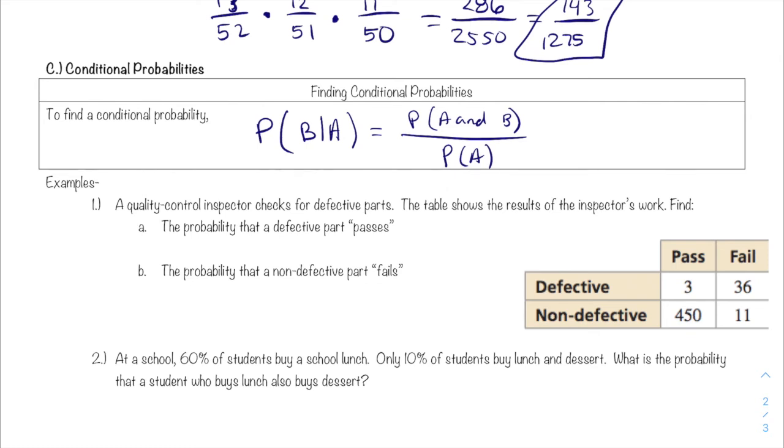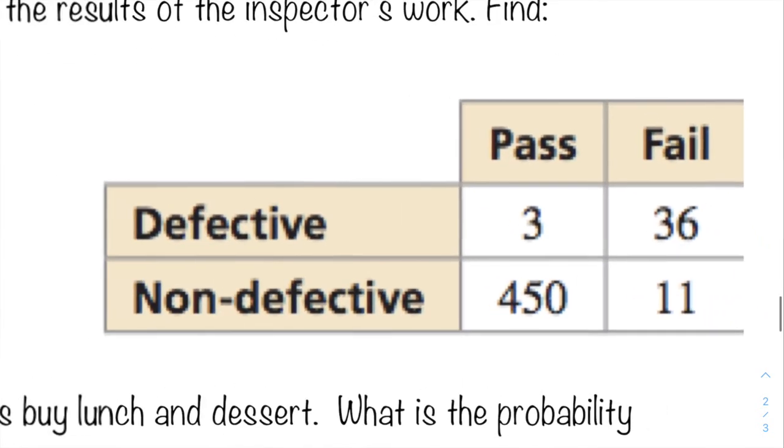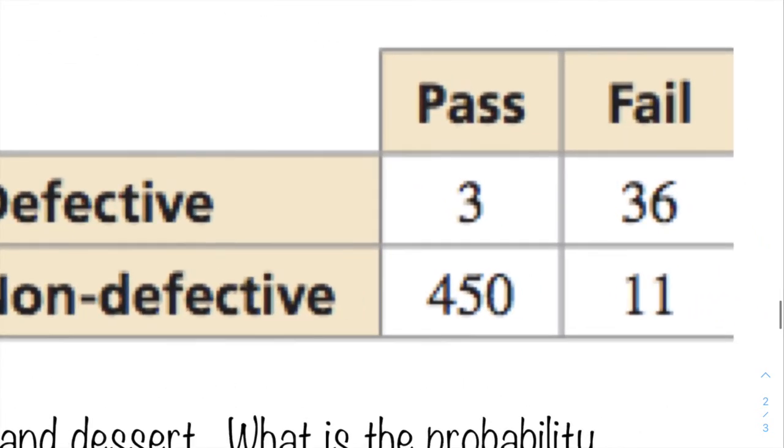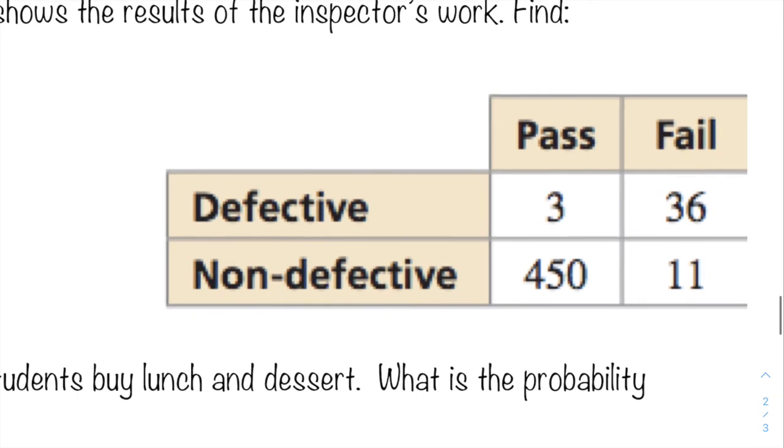So you have this table over here. A quality control inspector is checking for defective parts. The table shows the results of the inspector's work. I know this kind of got cut off, and I apologize, but if we run the total this way, the total defective parts that they inspected looks like it's going to be 39.